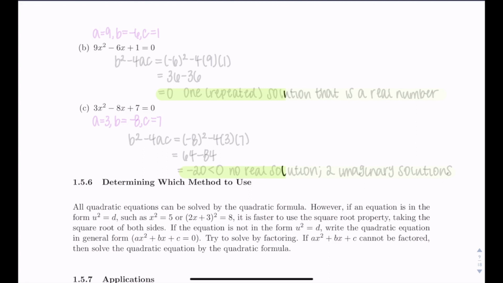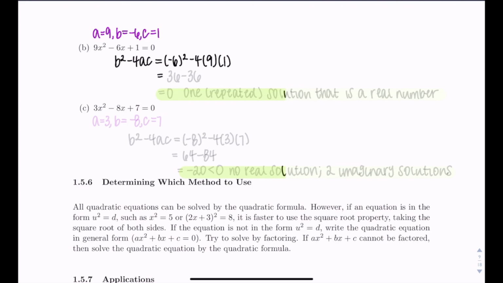For the second one, we have a is equal to 9, b is equal to negative 6, and c is 1. So b squared minus 4ac. We've got negative 6 squared minus 4 times 9 times 1.